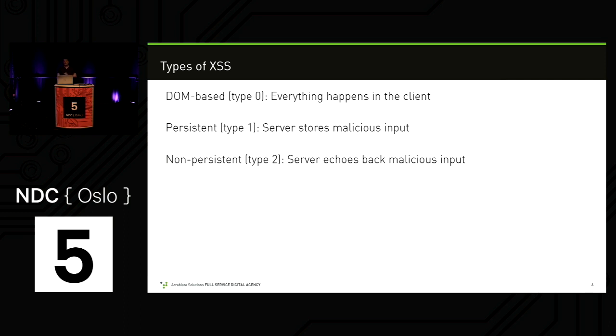The most common thing to happen is non-persistent or reflective cross-site scripting. The user sends something to the server and the server echoes it back. Typical example, search page. So you have a search field on a page and you search for something, whatever, let's say NDC. And the resulting page usually says your search for NDC yielded, whatever, 100 matches.